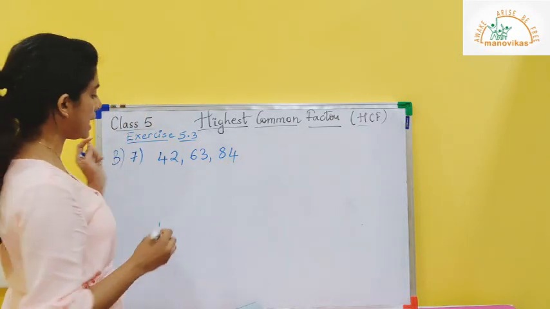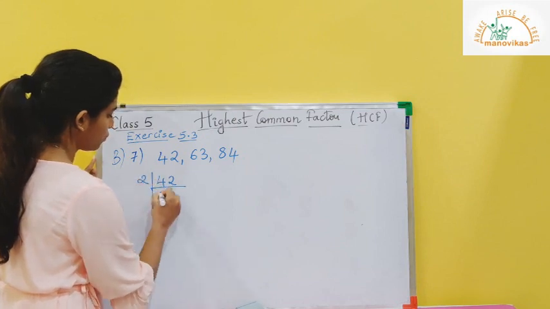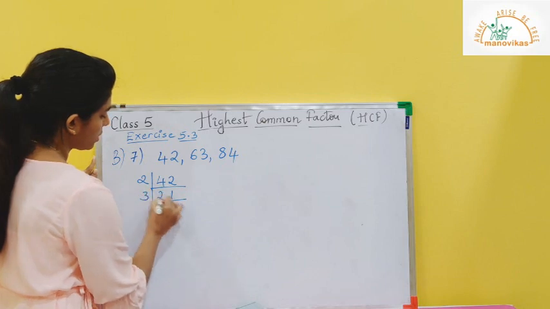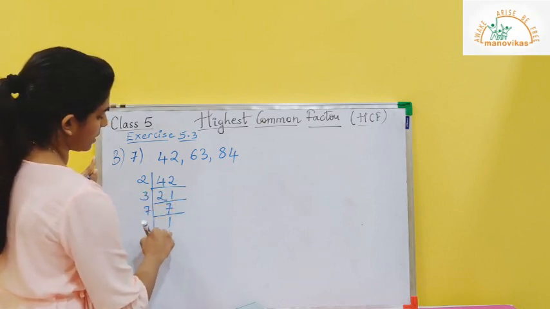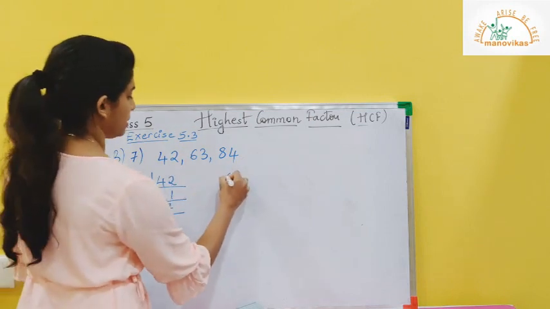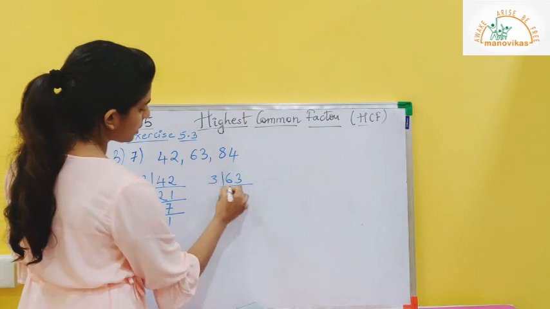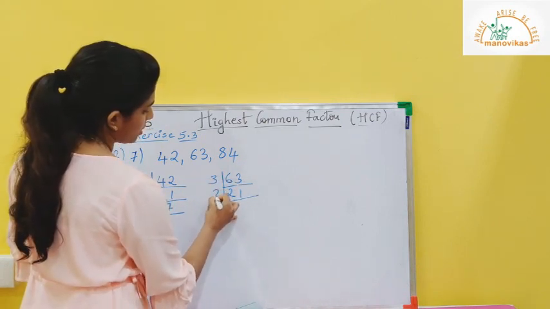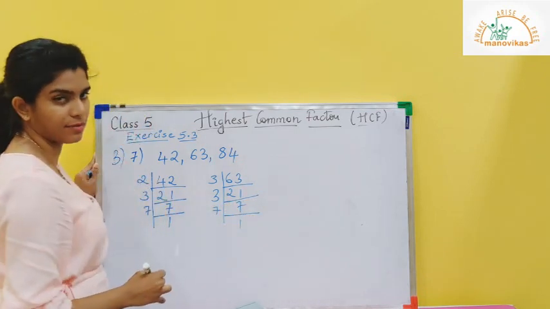42, 63, 84. So I take 42 first here. 2 2s are 4, 2 1s are 2, 3 7s are 21, 7 1s are 7. Next number is 63. 3 2s are 6, 3 1s are 3, 3 7s are 21, 7 1s are 7.